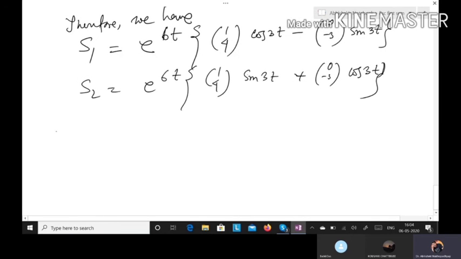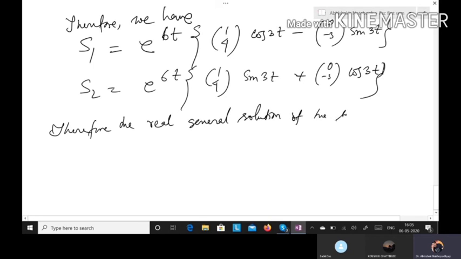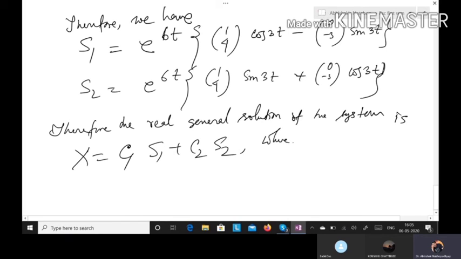So that's the real solutions. Therefore the real general solution of the system is x is C1 S1 plus C2 S2, where C1, C2 are arbitrary constants.